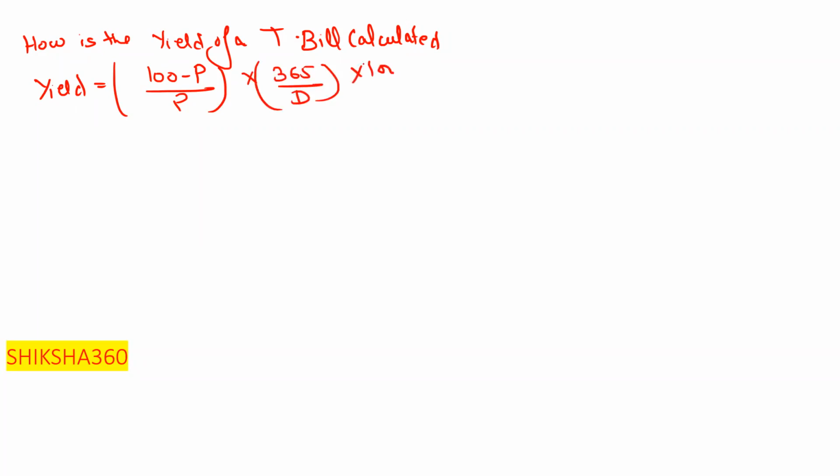Here P is the purchase price, and D is the days to maturity.